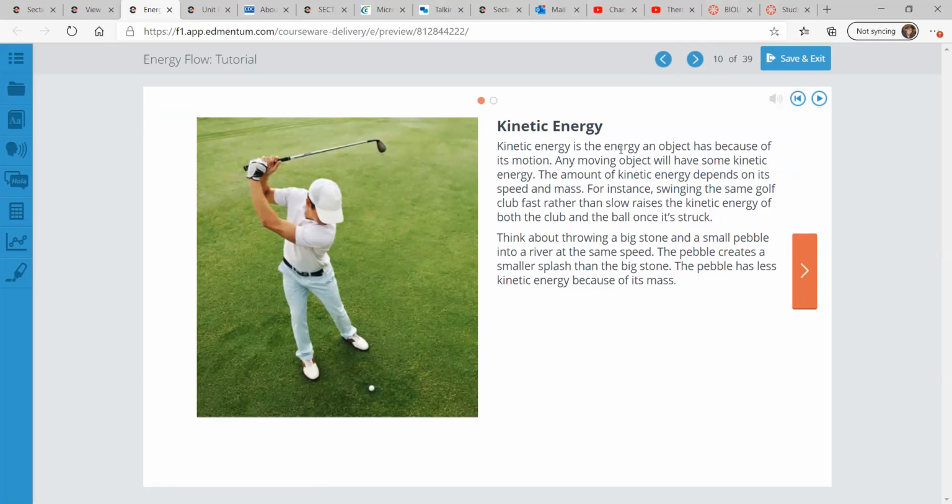Think about throwing a big stone and a small pebble into a river at the same speed. The pebble creates a smaller splash than the big stone does. The pebble has less kinetic energy because overall it has less mass.